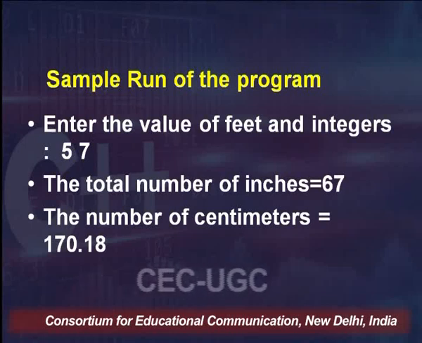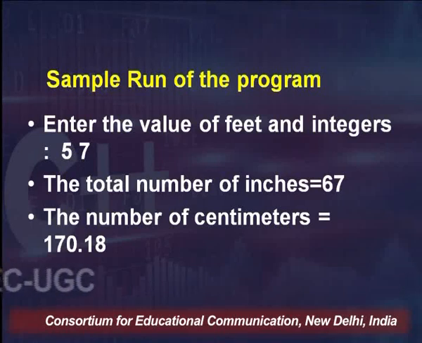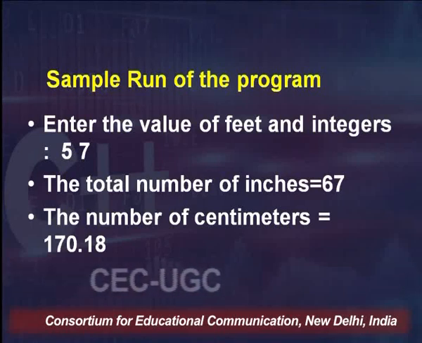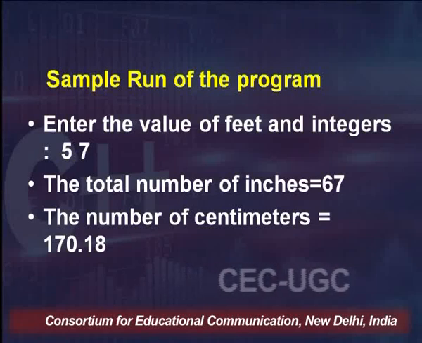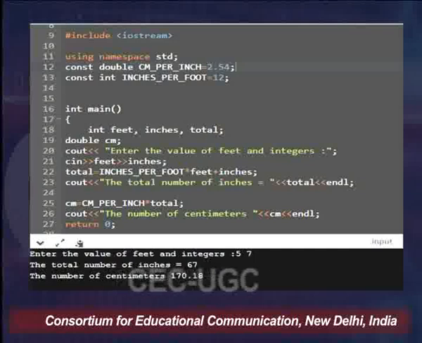For example, the user has given 5 and 7. It will say the total number of inches is 67 and the total number of centimeters is 170.18, according to the given calculation. If you want to see how it actually looks when we run it on an interface, it looks like this.